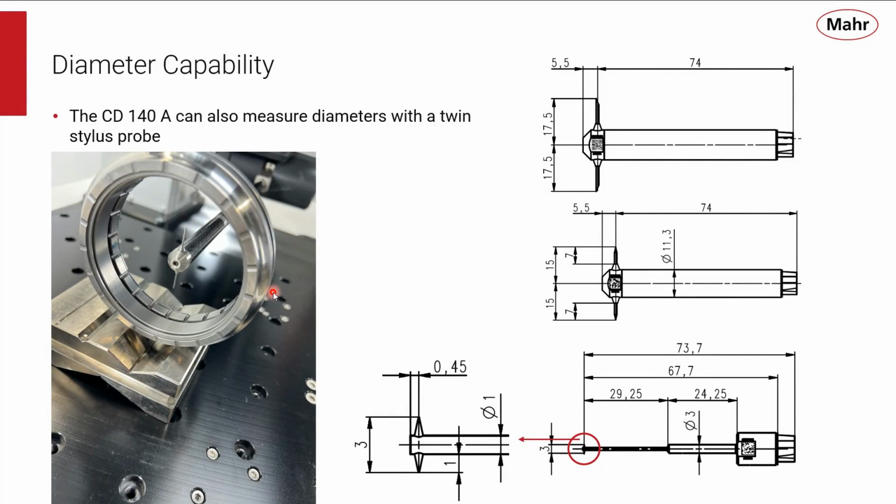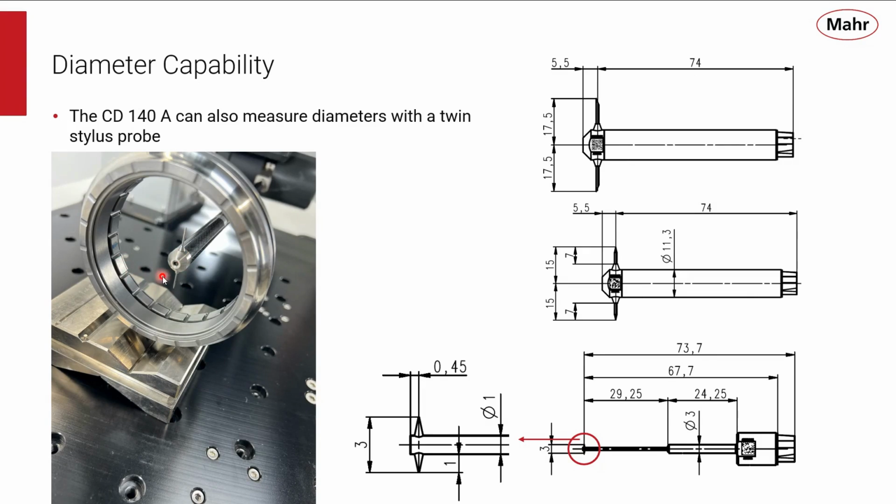So as far as other types of measurement capability, with a twin stylus, you can also measure diameters. And what I mean by twin stylus is that your typical stylus will only have a tip coming from below the shaft. We have probes that have tips that come from below the shaft and above the shaft.